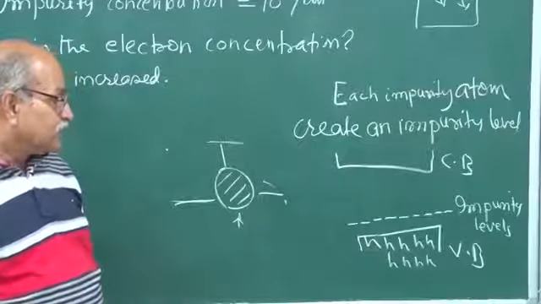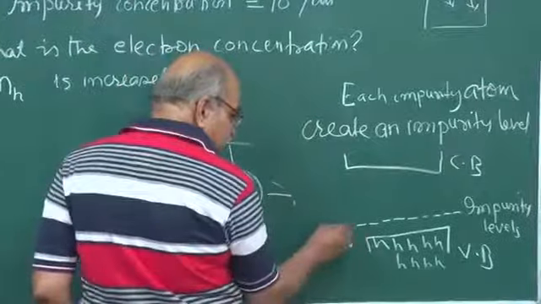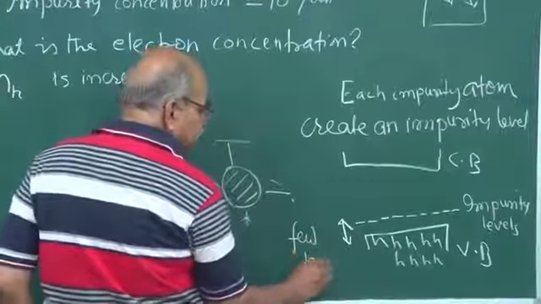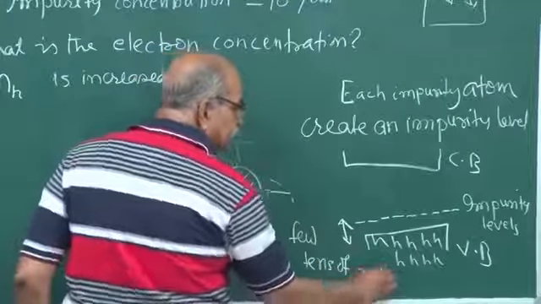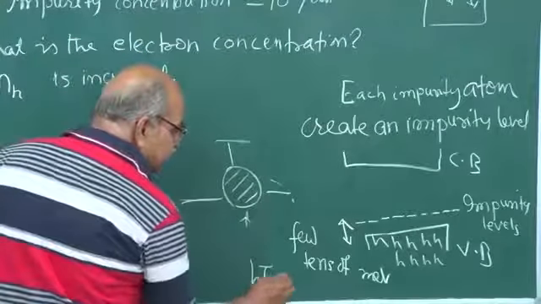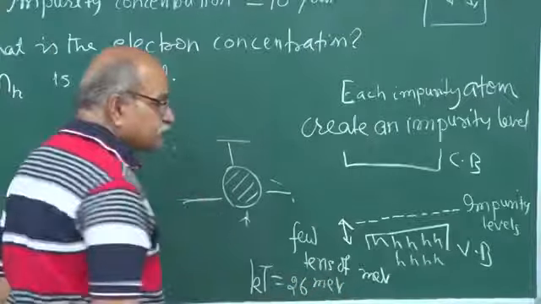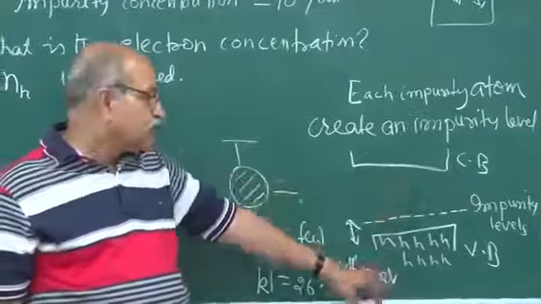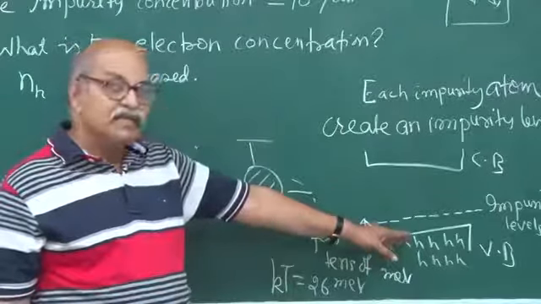But this ionization is very quick, because this difference is small. This difference is only a few tenths of a milli electron volt. And kT itself, K times T, is at room temperature 26 meV. So quite often the electrons will fill that gap and holes will be created here.